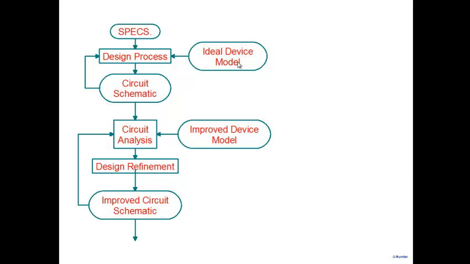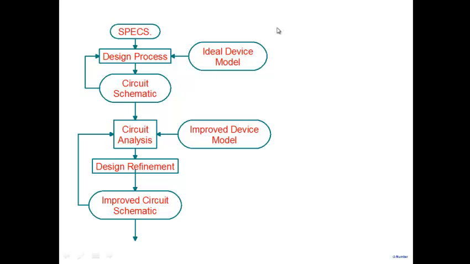The reason is that, as I said, it's a creative phase where you're doing rapid iterations in your mind or on paper, trying out different schematics. You want to use a very simplified device model because you don't want to be burdened with a very complicated model. If you generate an alternative design and want to evaluate it, and your model is so complex, you won't be able to evaluate it, right? So this part of the design is a creative phase. It requires rapid iteration, and it works best when you use very, very simplified device models.